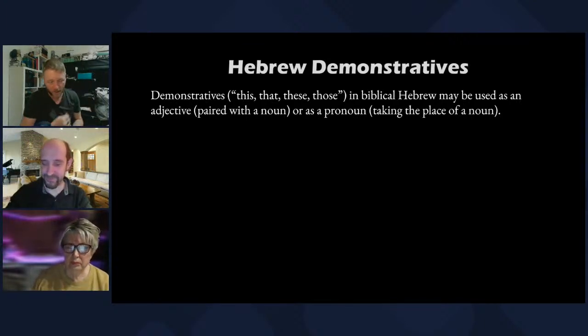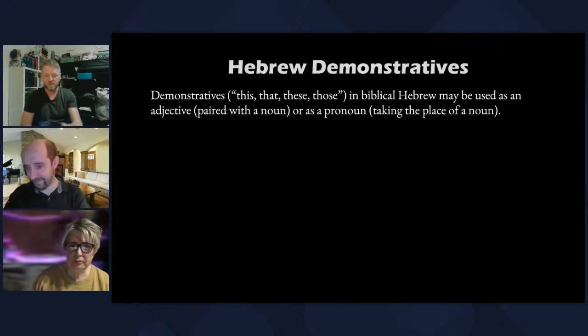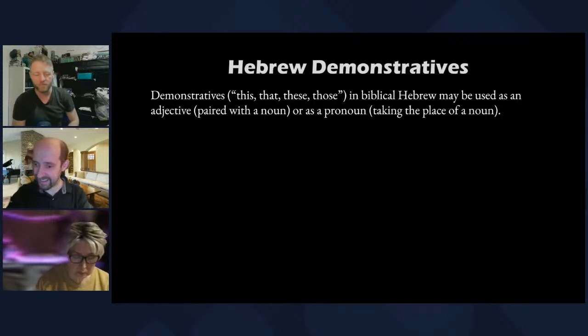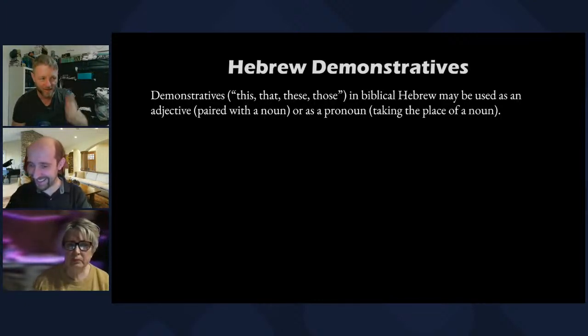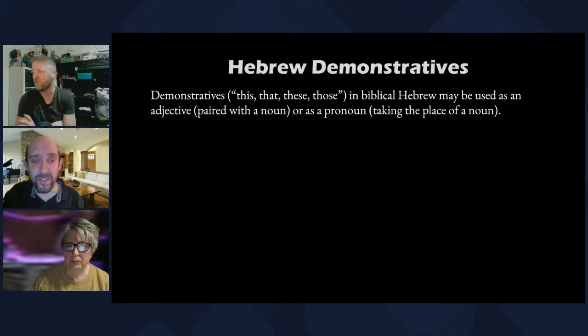In Hebrew, the same words, just like in English, we can say this is a shaver, or I bought this shaver several years ago. So this shaver, when it's an adjective, is paired with a noun, the shaver. And it's a pronoun when it stands by itself. I like this ice cream, or I like this. And this is a pronoun.